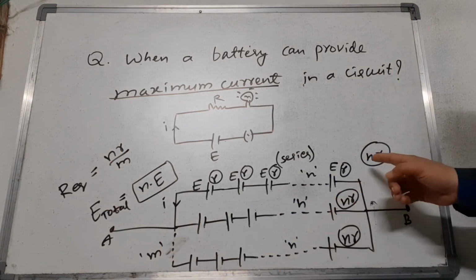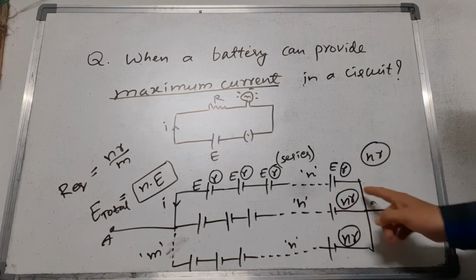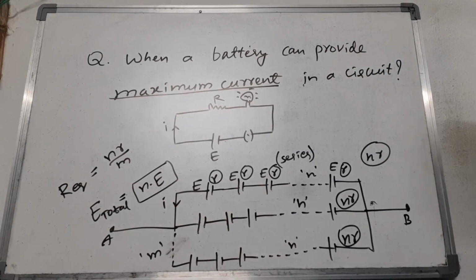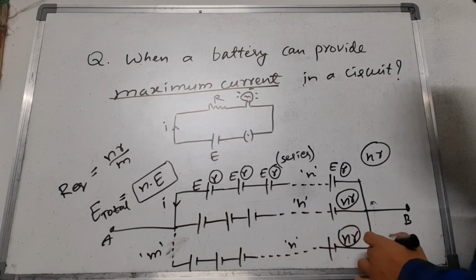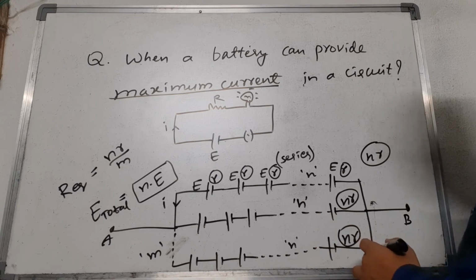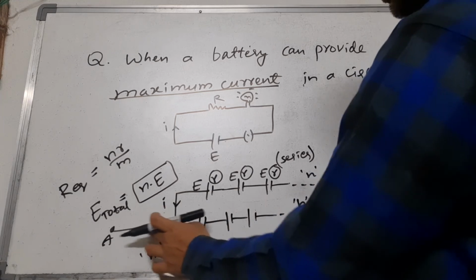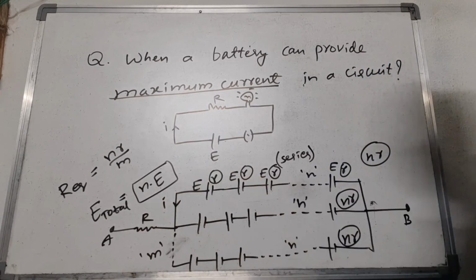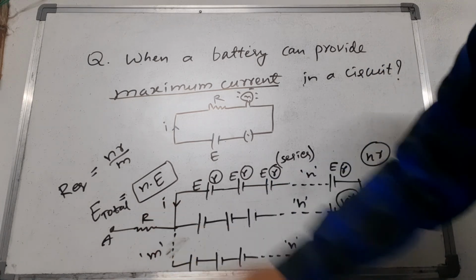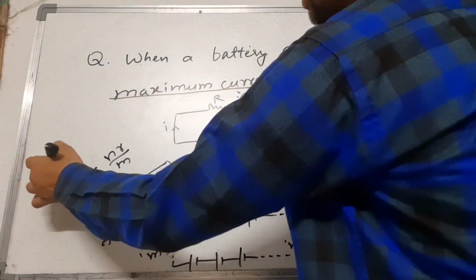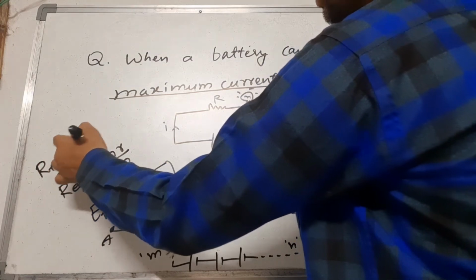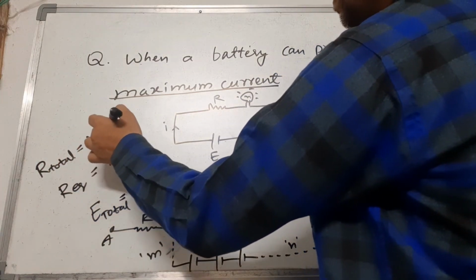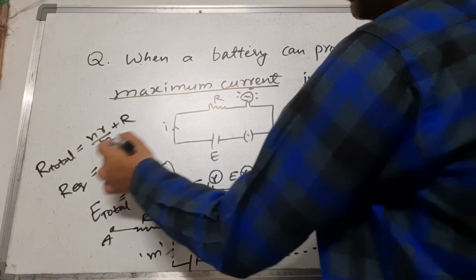So this resistance is divided by M times. So NR by M. Okay. Now in series with these total things, one more resistance will be connected, that is capital R, external resistance. This is called as external resistance. So total resistance is equal to NR by M plus R.